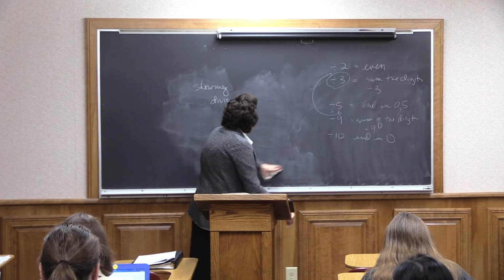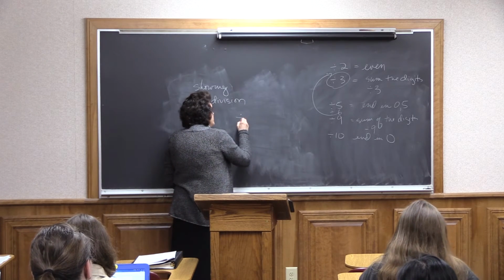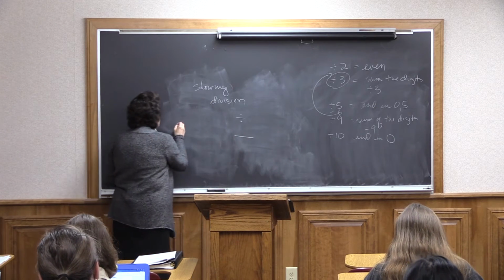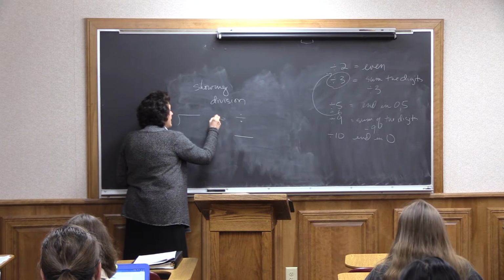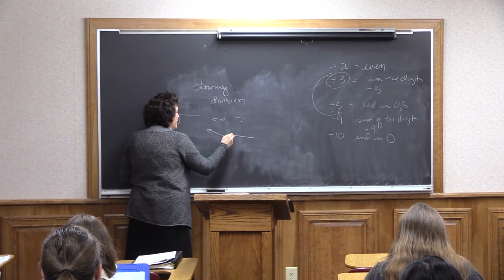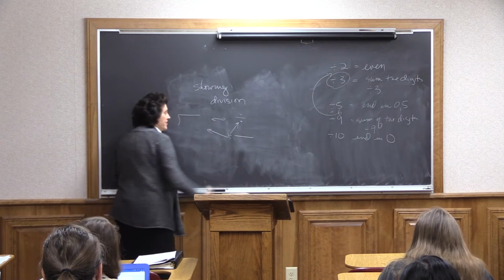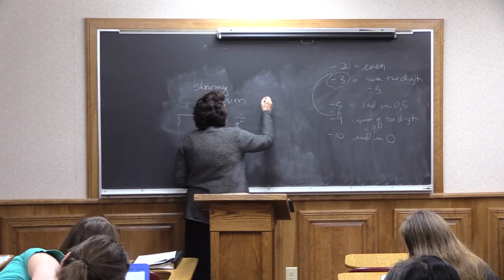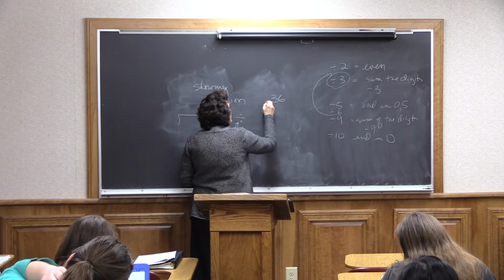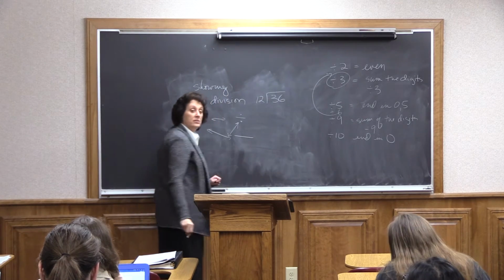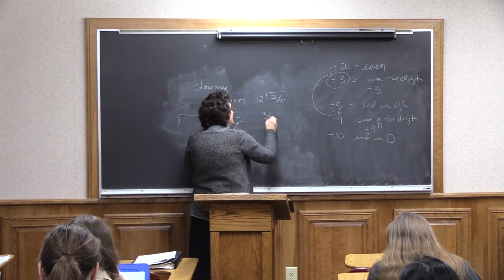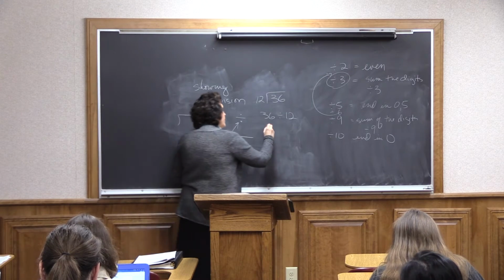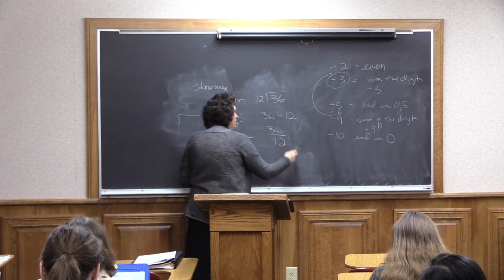But then we also have to practice using the division sign and the fraction bar, and we need to be able to go back and forth between all of these. So I can do 36 divided by 12, or 36 divided by 12, or 36 divided by 12.